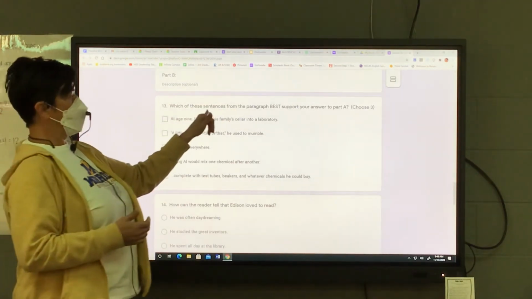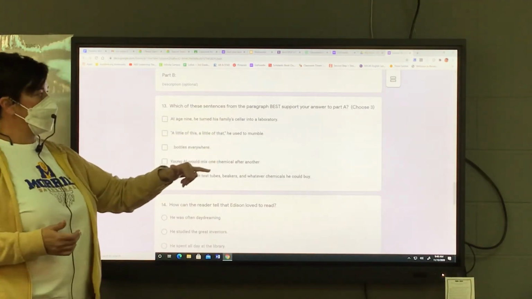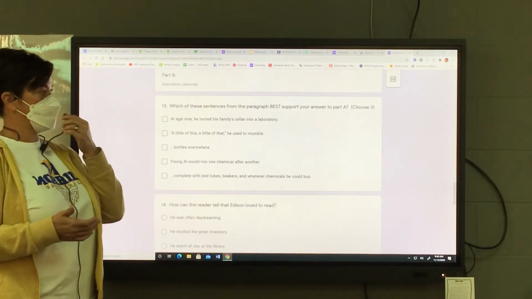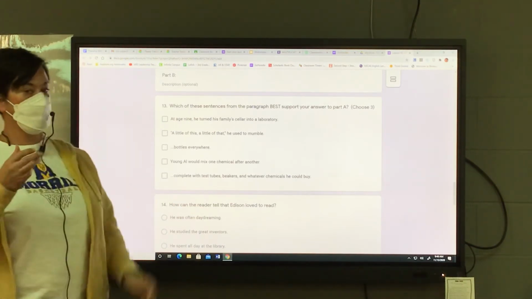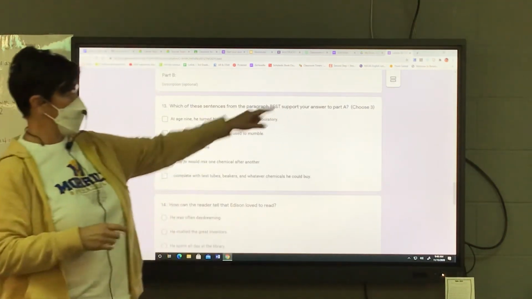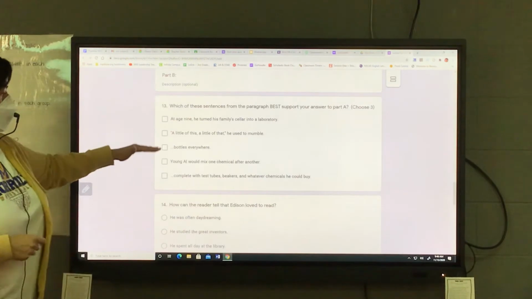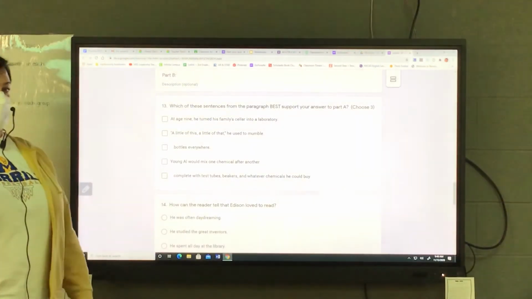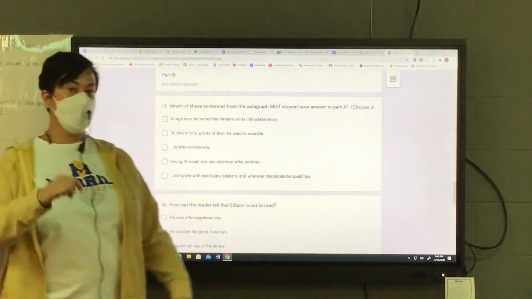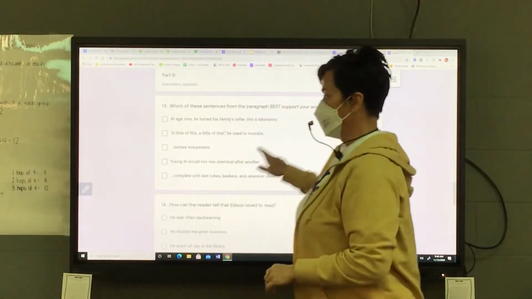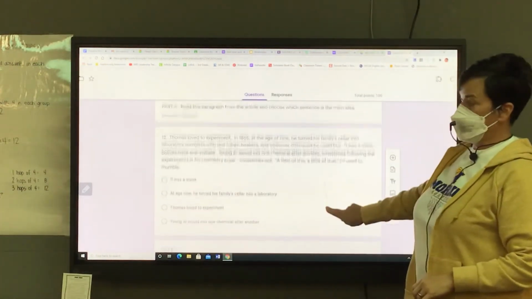It says, which of these sentences from the paragraph best support your answer to part A? Choose how many? 3. That's what the directions say. So how many of these do you have to choose? 3 of them. 3 of those are details that go with the main idea from this paragraph.